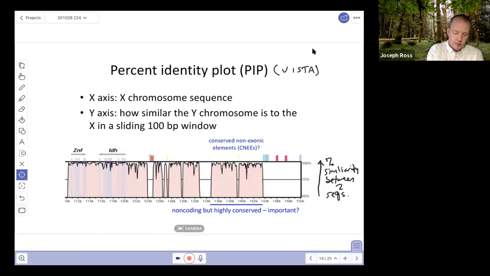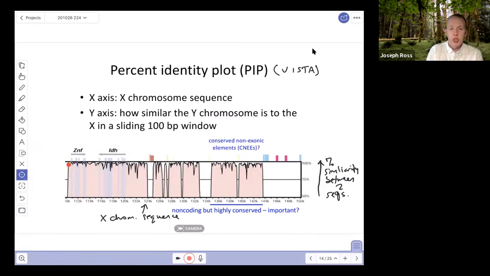And as it says, these coordinates on the bottom are X chromosome sequence. So we don't actually see the nucleotide sequence of the chromosome, but we see that every one of these tick marks represents 1,000 base pairs of DNA on this chromosome. So that's the X chromosome sequence.